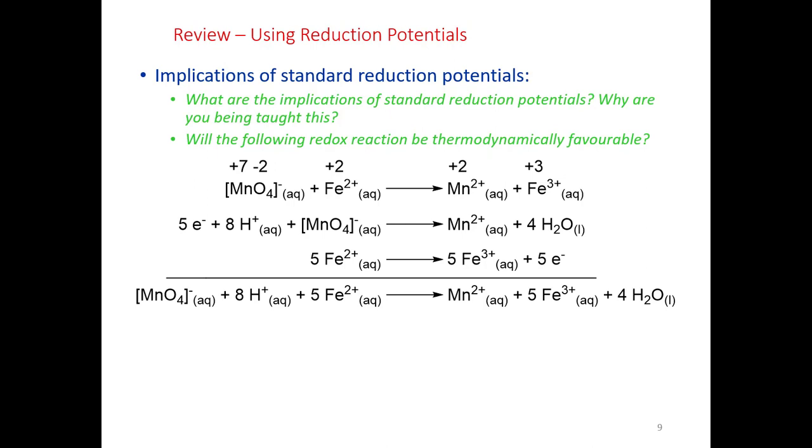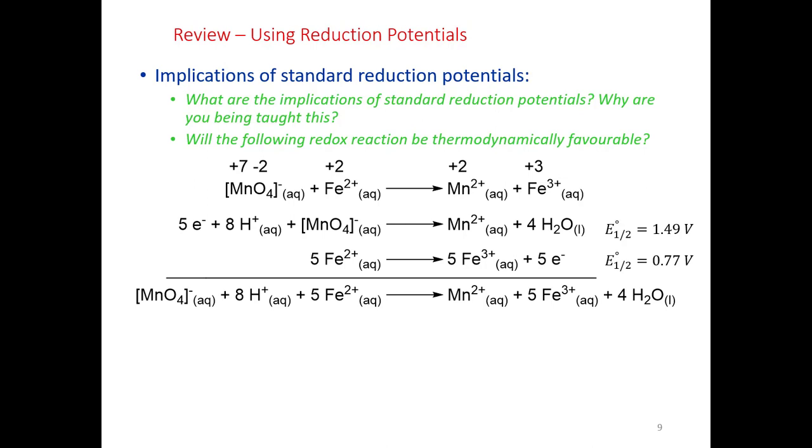Or I will ask you to determine the free energy of the reaction per mole of a specific reactant. So, to determine if this reaction is thermodynamically favorable, we need to find the standard reduction potentials of the half reactions. For permanganate, it's 1.49 volts. For iron 3 plus to iron 2 plus, it's 0.77 volts.